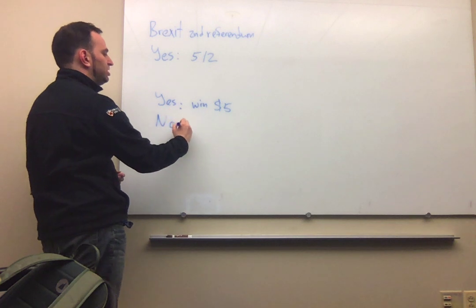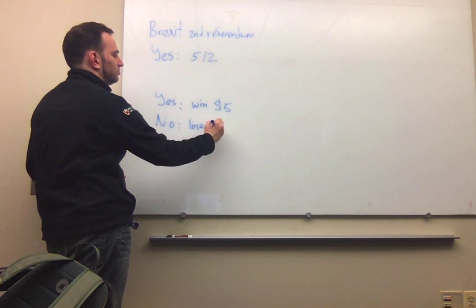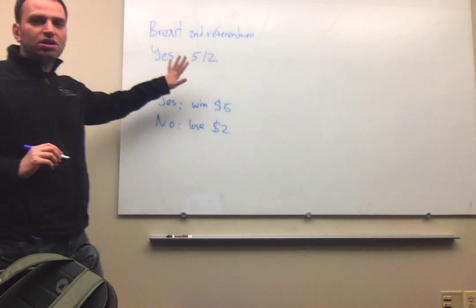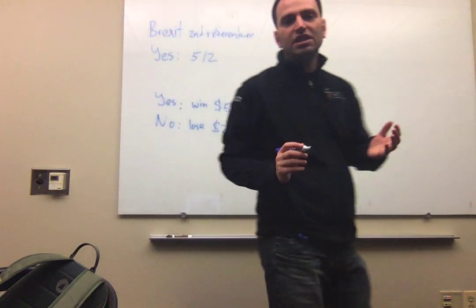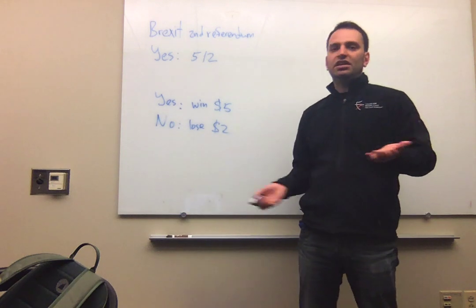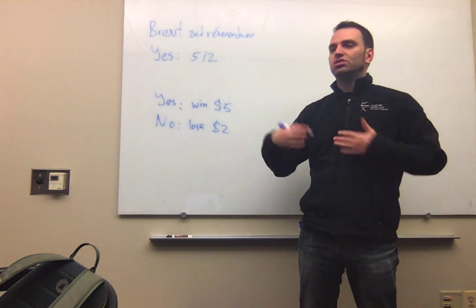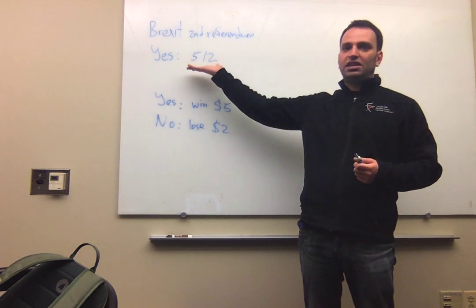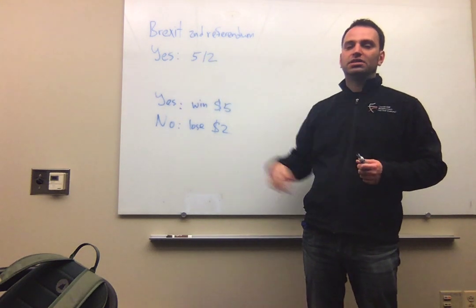And no means that I lose $2. Okay? Now, if those odds are fair, what it means is that in the long run, I will not either lose or win money if I keep taking this kind of bet.